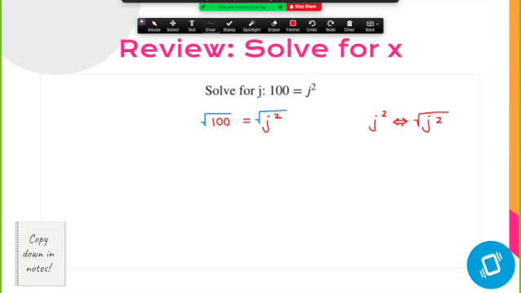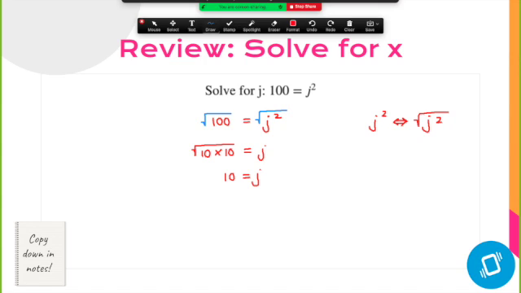So right here, we get j is equal to either 10 times 10, and that would equal 10 equaling j.